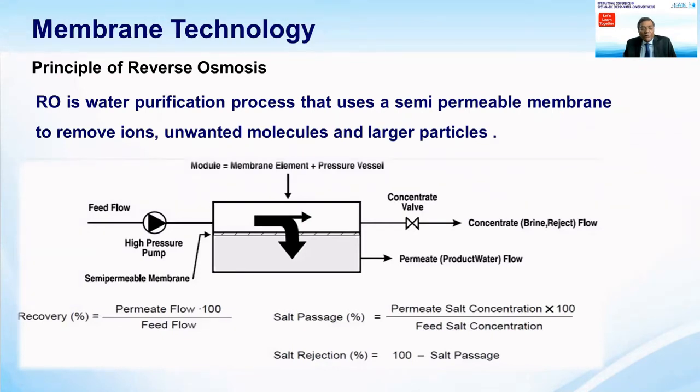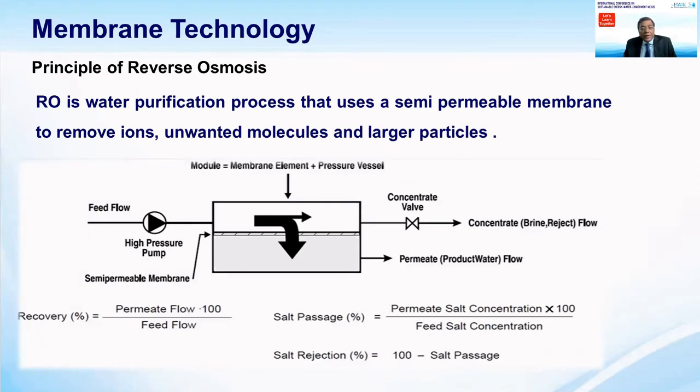We have the feed water, which flows, and we have product and concentrate streams. From one side, we enter the feed water of any TDS. That will depend upon the design, which membrane we are to select for the tap water, brackish water, or the seawater application.